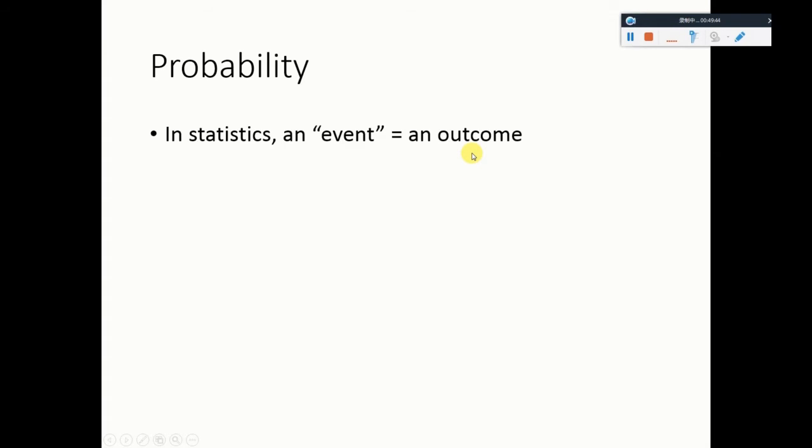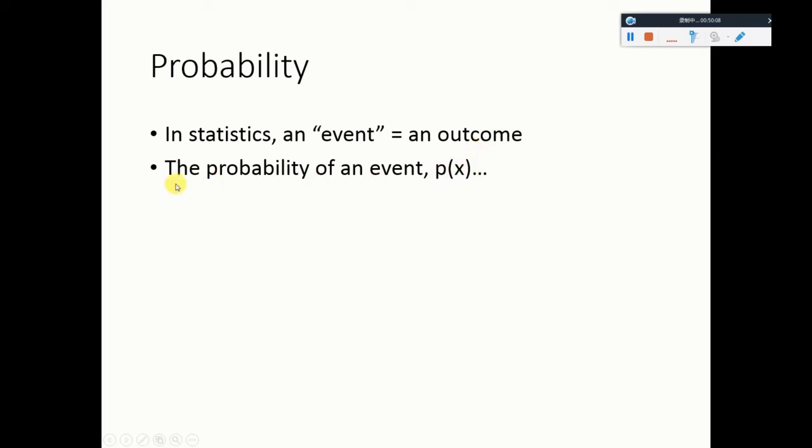But when we talk about probability, we use "event" instead of "outcome" to describe the property of our interest. And the probability of an event is the chance for an outcome to be observed. That's essentially the same thing.